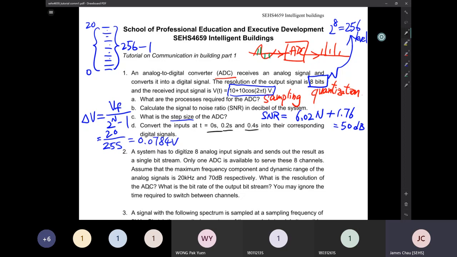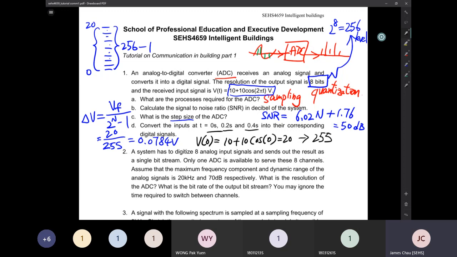Now, at t equal to 0, you have v0 equal to 10 plus 10 cosine 0. Okay. Now remember the calculation inside the cosine function uses radians. Therefore, it is equal to 20. And as a result, 20 corresponding to the digital level should be 255.